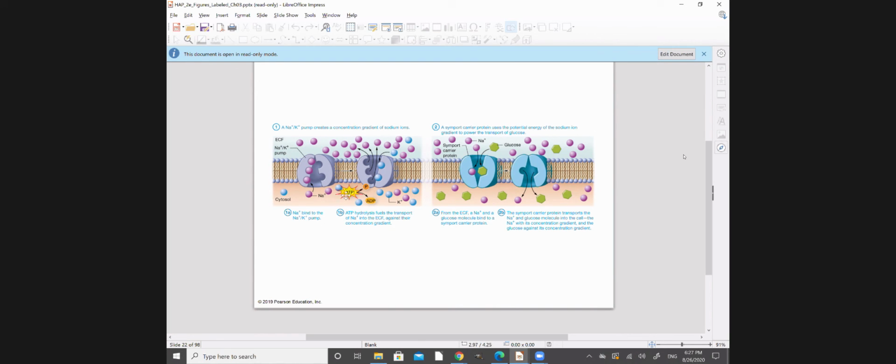ATPs are used to create and maintain the concentration gradient of one substance. So while it's open, the other substance is going through, and we can use the same ATPs.